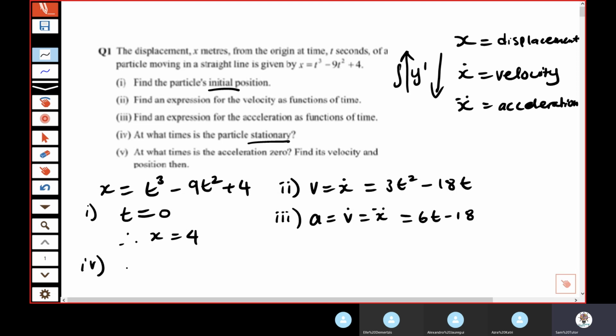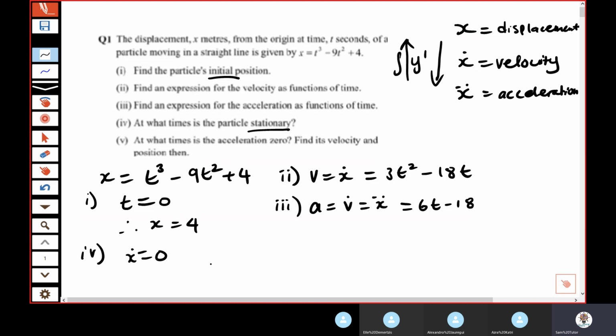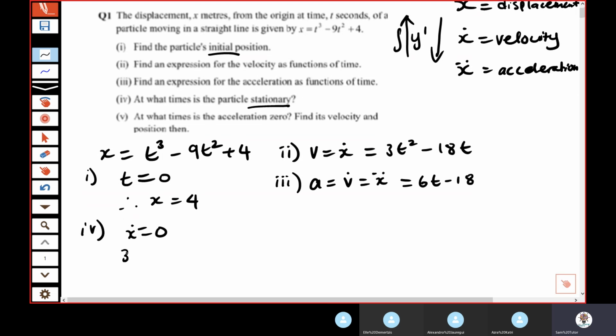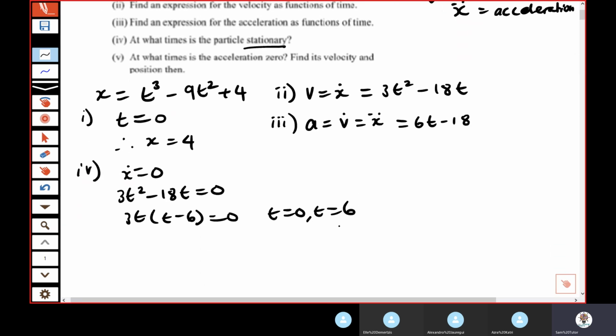So 3t squared take away 18t equals 0. Factorize your 3t out. You get time equals 0, time equals 6. Simple. Going too fast.